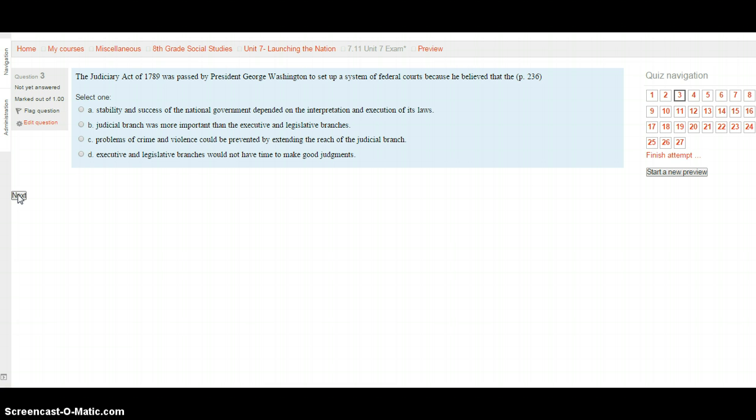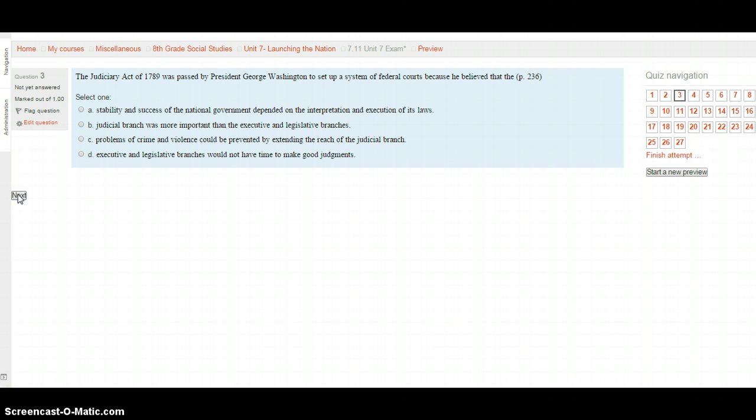Question 3. The Judiciary Act of 1789 was passed by President George Washington to set up a system of federal courts because he believed that the, page 236, A. stability and success of the national government depended on the interpretation and execution of laws, B. judicial branch was more important than the executive and legislative branches, C. problems of crime and violence could be prevented by extending the reach of the judicial branch, or D. executive and legislative branches would not have the time to make good judgments.